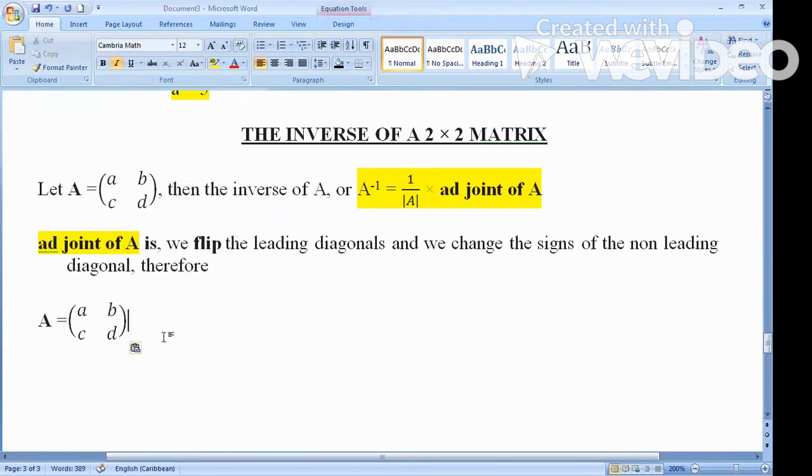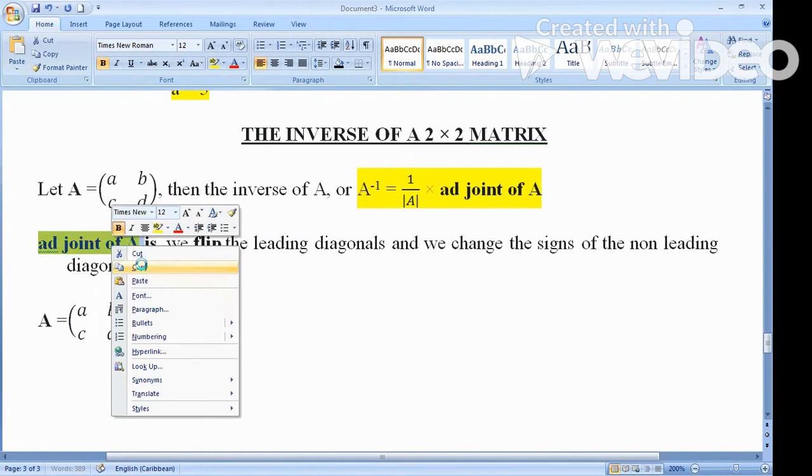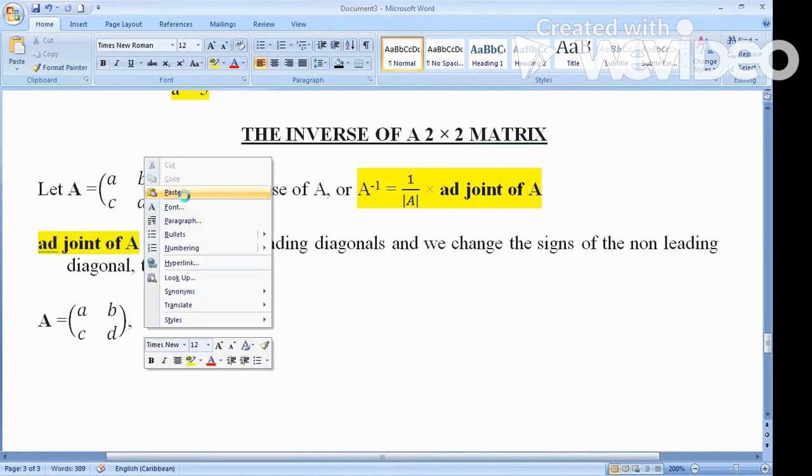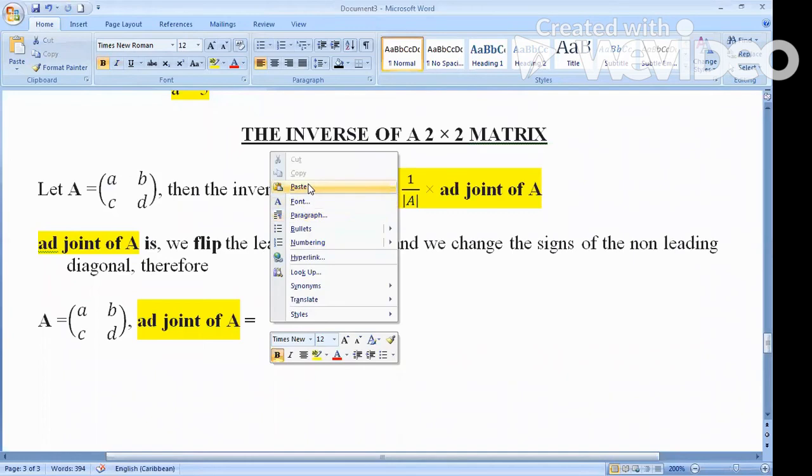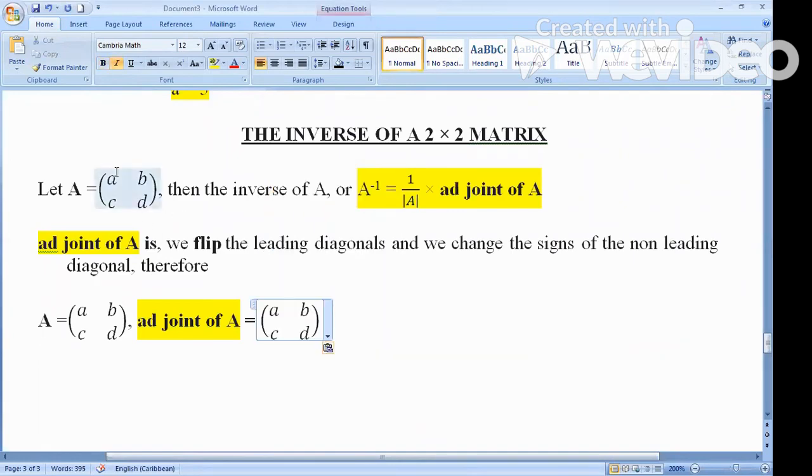So that's A, and now we have the adjoint of A. What did I say I'm going to do? Flip. So the leading diagonal is what? A and D, right? Yes, sir. That's the leading diagonal, and we're asked to flip them.